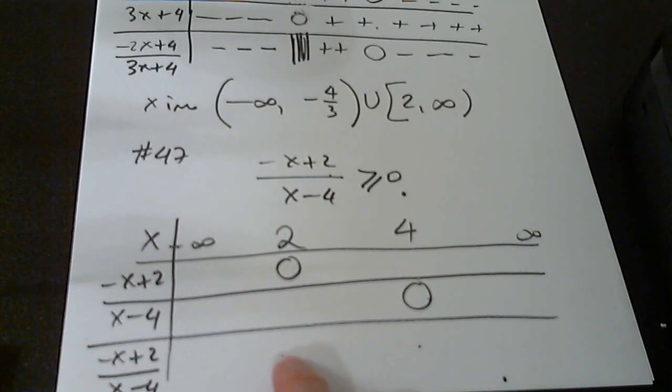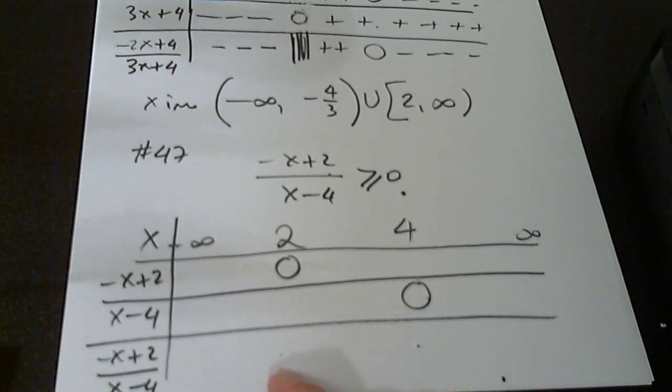So what happens at 2? What happens at 2? Please, anybody?